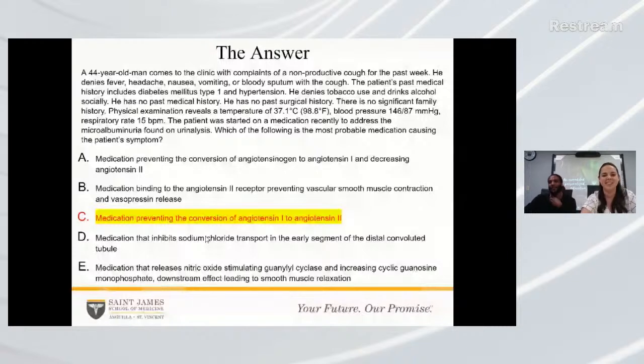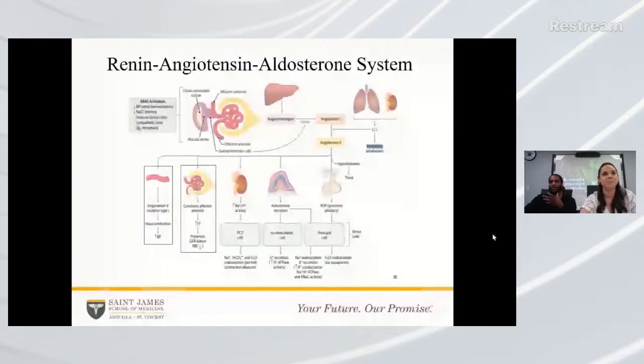So for understanding this, I just want to do a little background before we talk about the actual disease and the drug in question here. So we have our renin-angiotensin-aldosterone system. Renin is going to be released from the juxtaglomerular cells, close to the distal convoluted tubule.